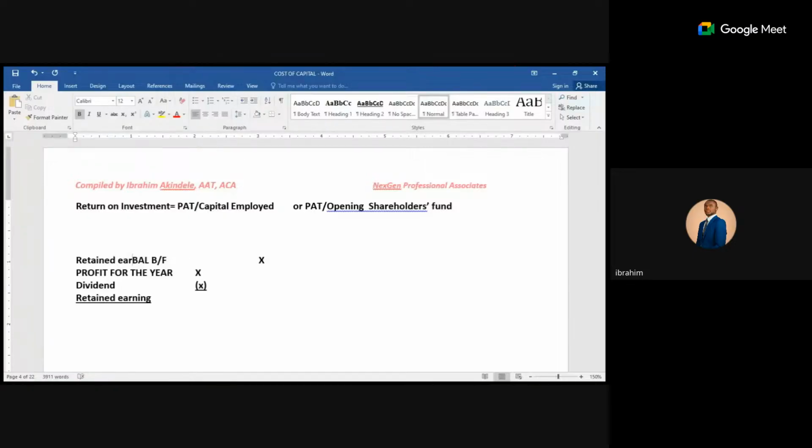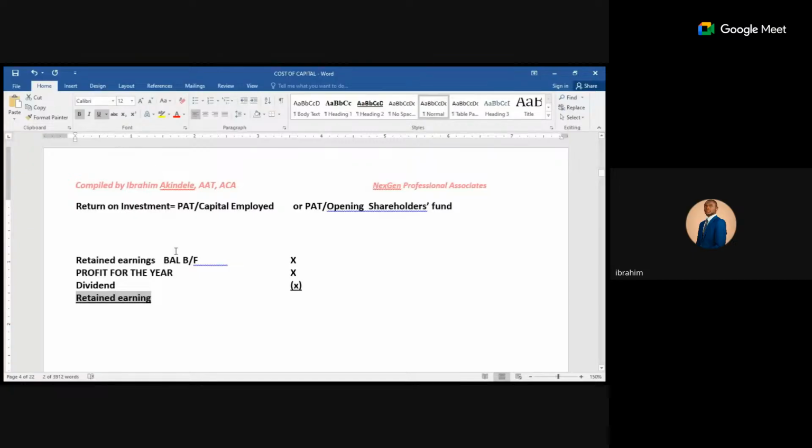Class, please pay attention. Now, this is your statement of changes in equity. I want to explain the opening shareholders fund. Normally, the opening shareholders fund is your total equity, both the ordinary shares and retained earning.